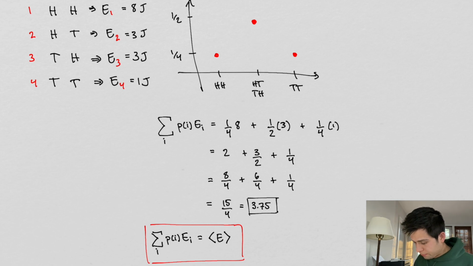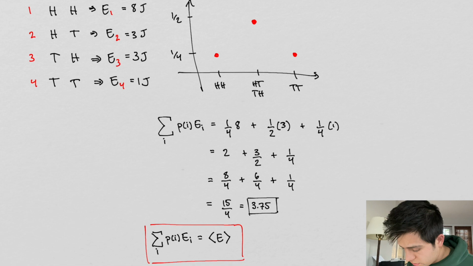And so we have 1/4 of 8, where 8 is the energy corresponding to state 1, and then 3 is the energy corresponding to this state right here, heads, tails or tails, heads. And then we have 1 here as being the energy corresponding to tails.